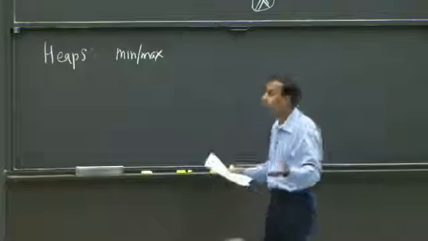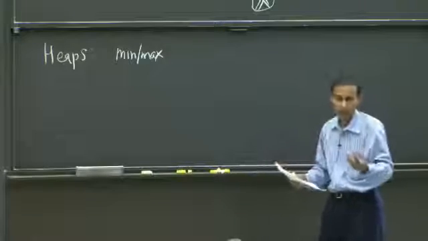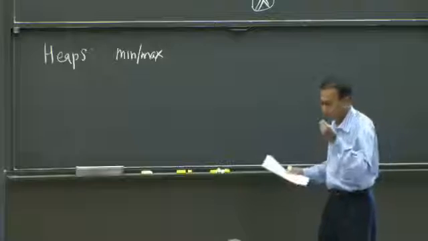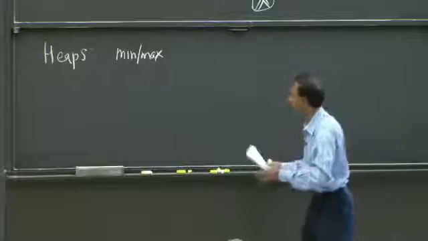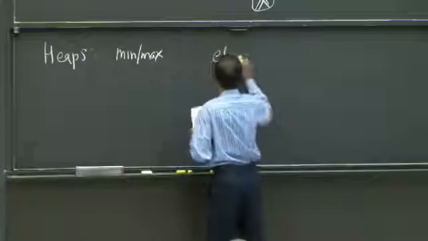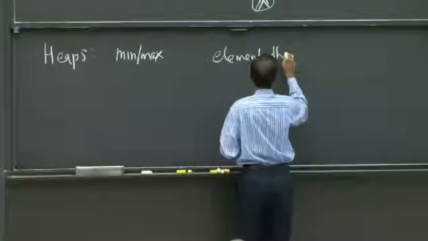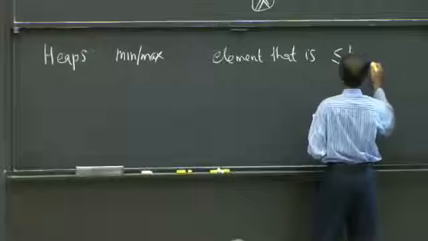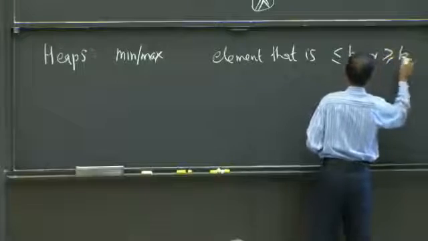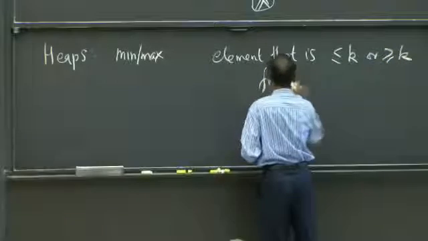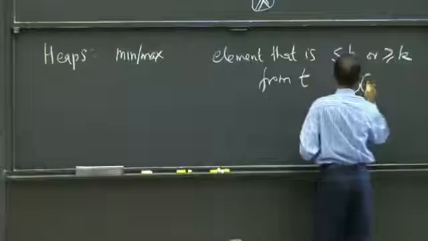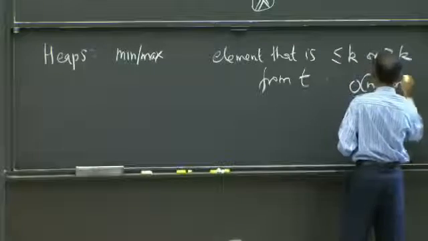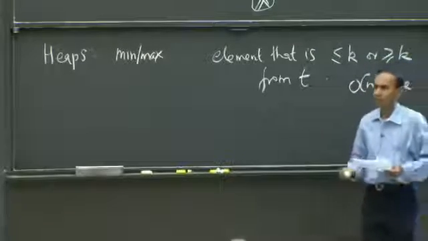But if you want to do a k-element check, to see if there's an element in the heap that is less than or equal to k or greater than or equal to k, this is going to take order n time. Okay? Good.